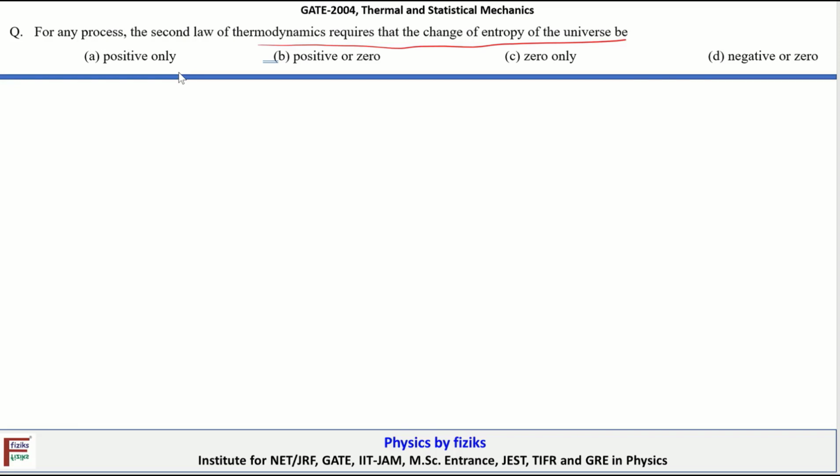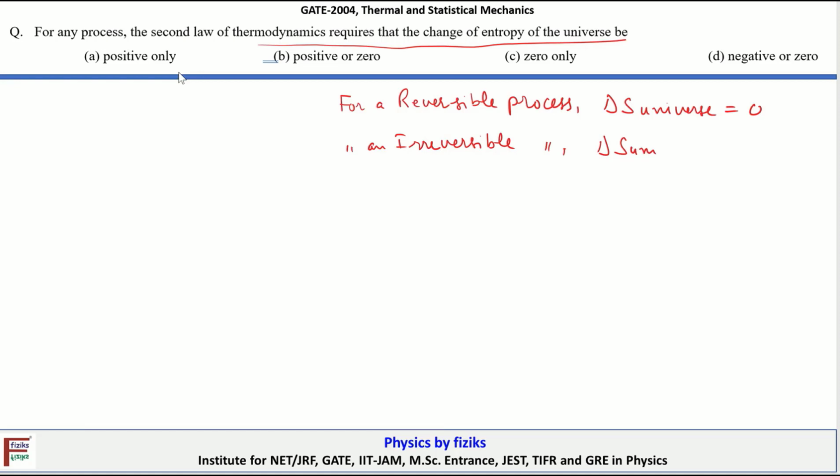Okay, so in thermodynamics we learned that for a reversible process, delta S is equal to 0, whereas for an irreversible process, delta S of the universe is greater than 0.